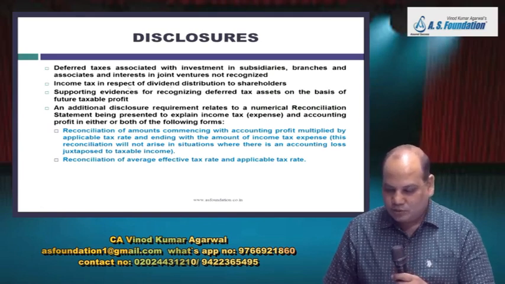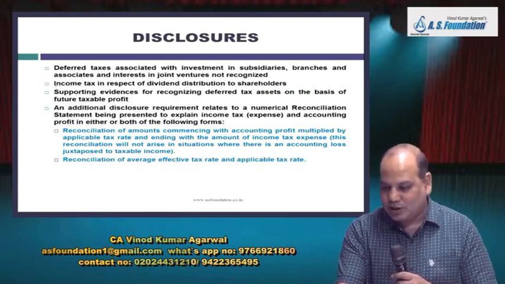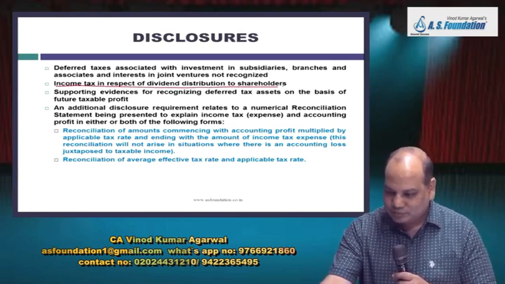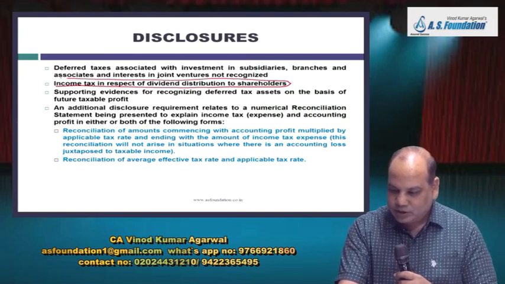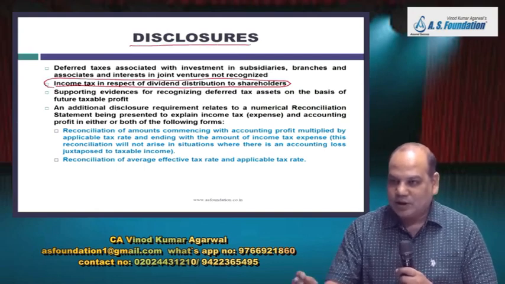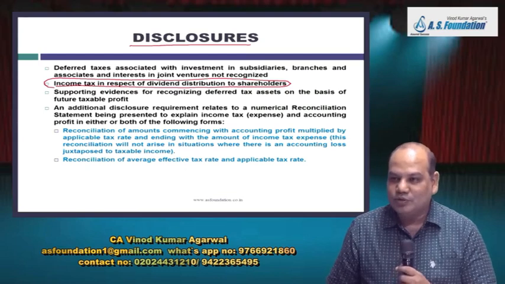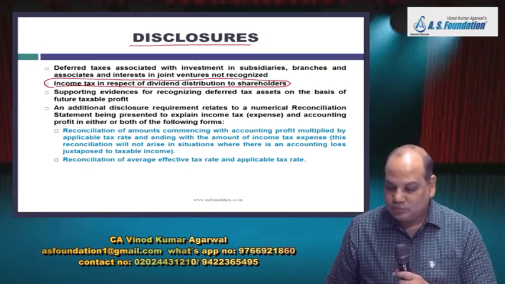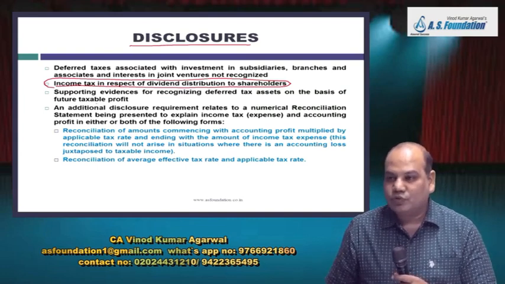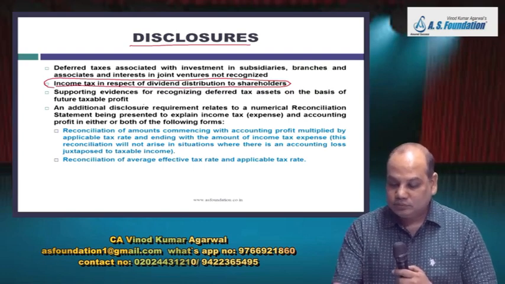Now, are you not feeling that the standard is going beyond the scope by asking you to disclose this item? This standard is on income tax, and what they are asking you to disclose is the income tax in respect of dividend distribution to shareholder.